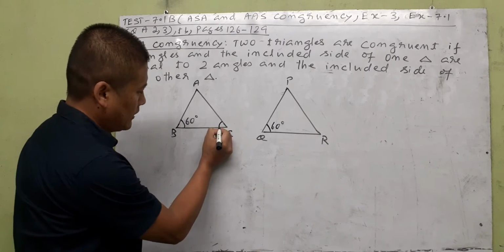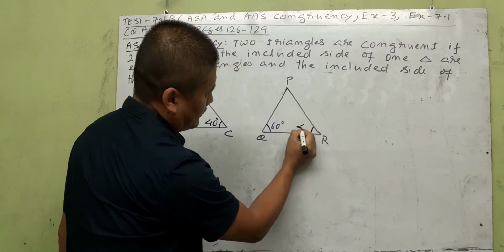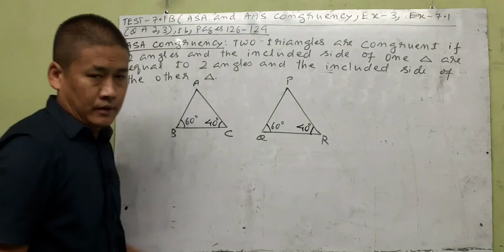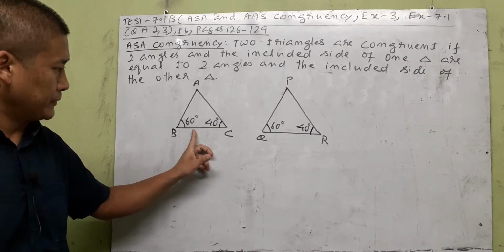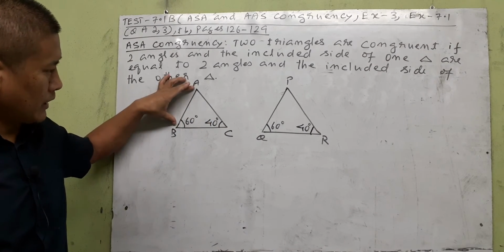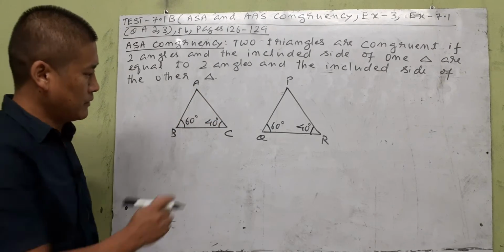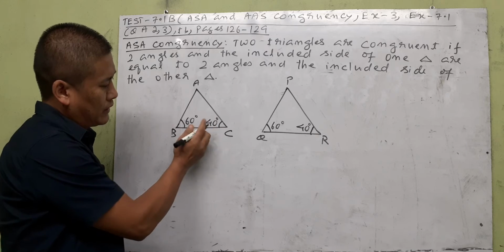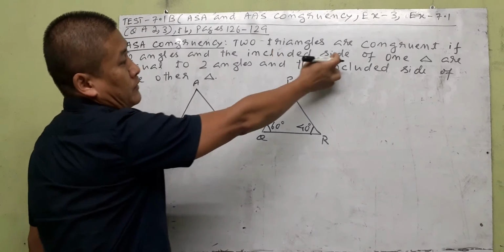Angle C is 40 and angle R is also 40. Then what is the side between these two angles B and C in this triangle? AB is outside, AC is outside. BC is situated between these two angles, so that is called the included side.